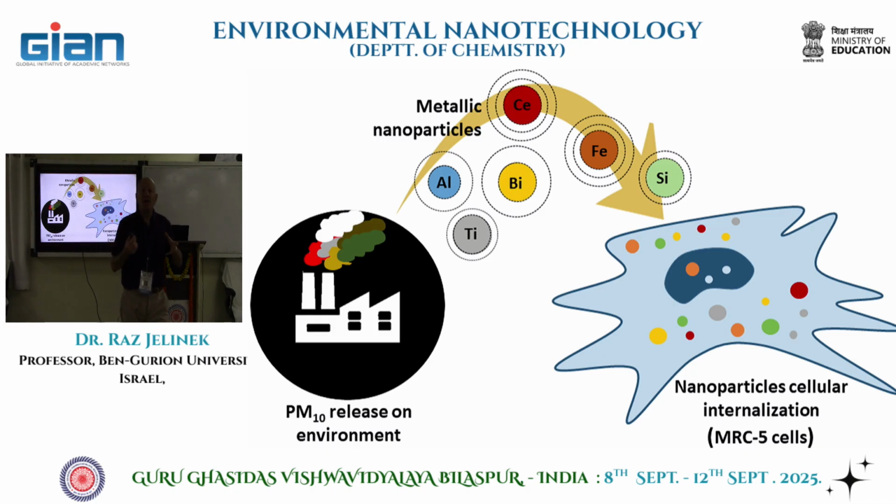A plant that makes cars, makes engines, anything that uses metal, iron, steel, all these plants can release metallic nanoparticles in the air. And then these metallic nanoparticles can penetrate into the cells of our body. What I'm going to show you in the next few slides is why these metallic nanoparticles are so bad for you.